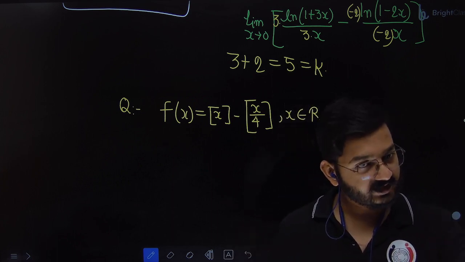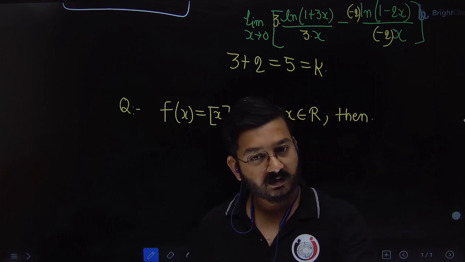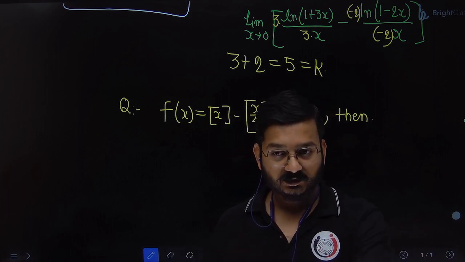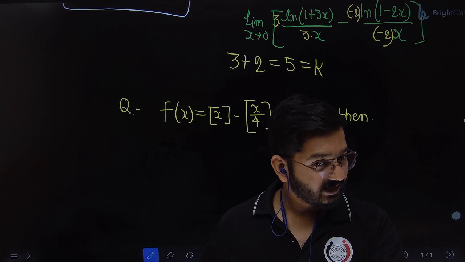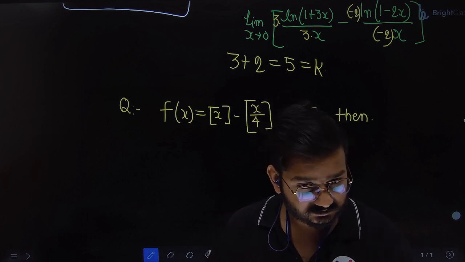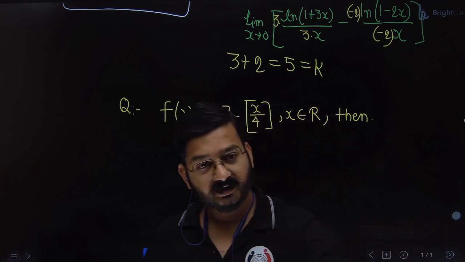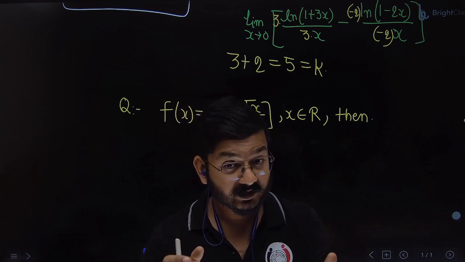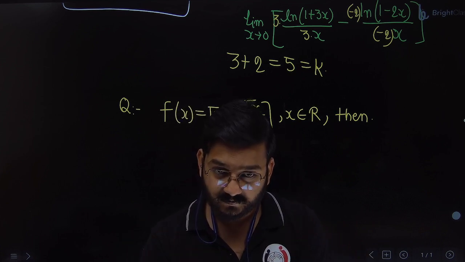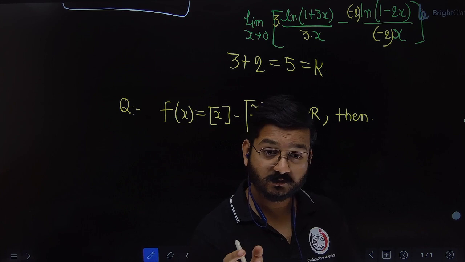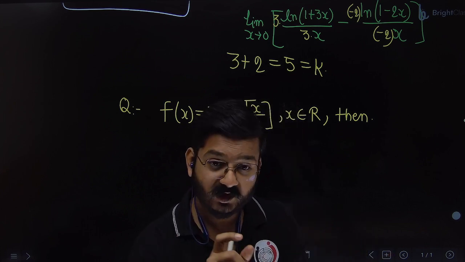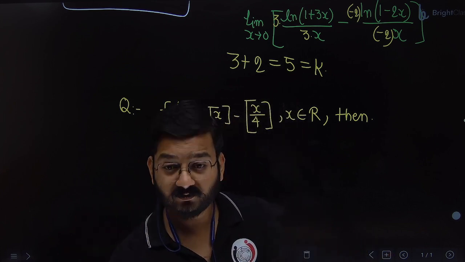First, you will check for left hand limit, then you will check for right hand limit. So it is possible that left hand limit, right hand limit doesn't exist. What is the second possibility? That both of them exist but they are not equal. What is the third possibility? Both of them are equal but they are not equal to value of function.